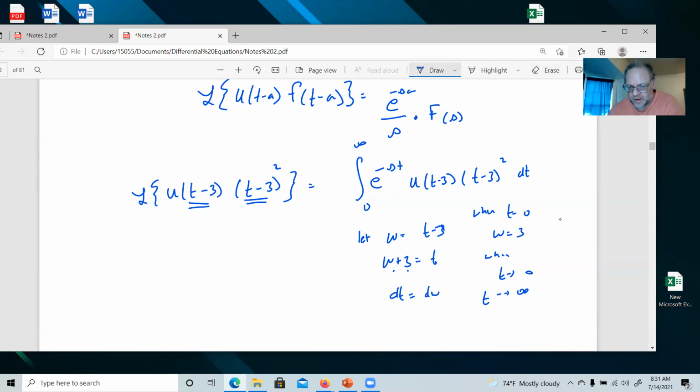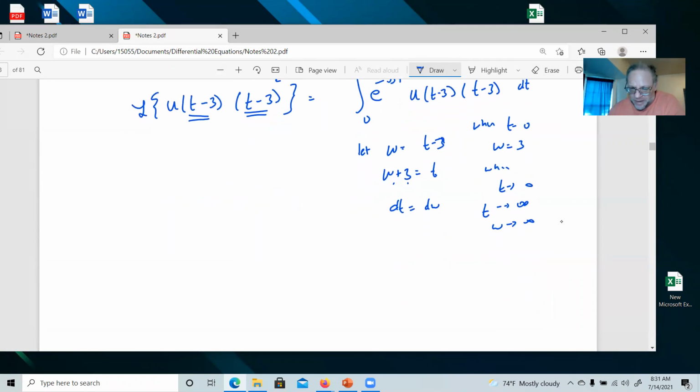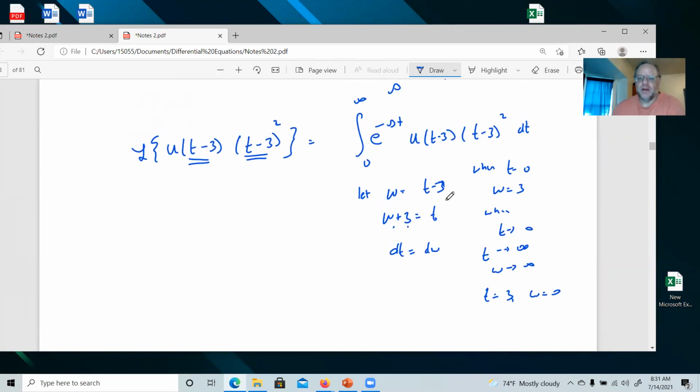As t goes off to infinity, w also goes off to infinity. And one more, which is obvious: when t equals 3, w equals 0.